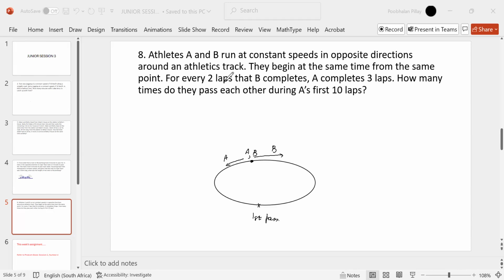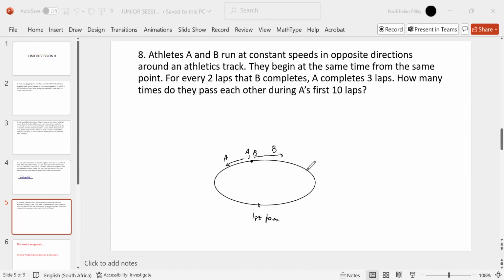For every 2 laps that B completes, A completes 3 laps. So A is traveling faster, right? A is traveling at 1.5 times the speed of B, because B does 2 laps when A does 3 laps.